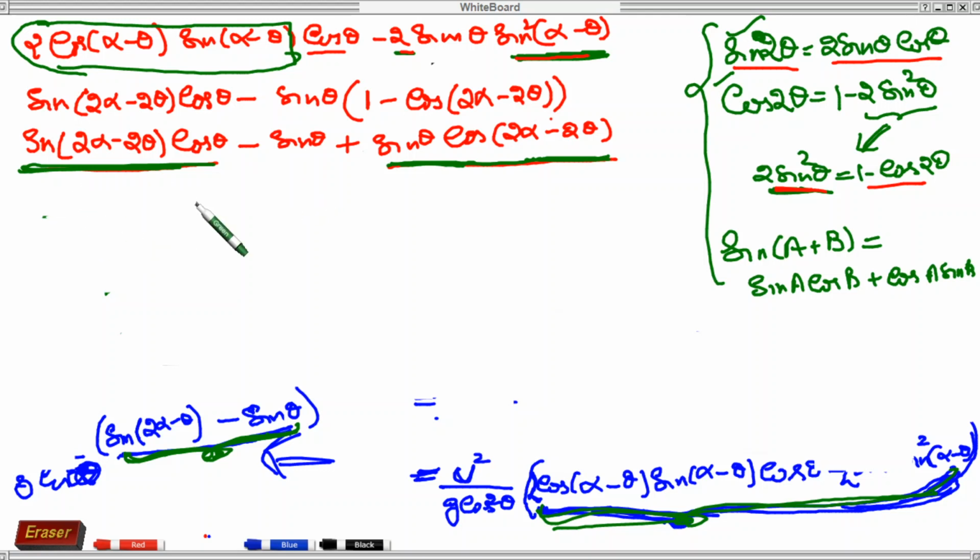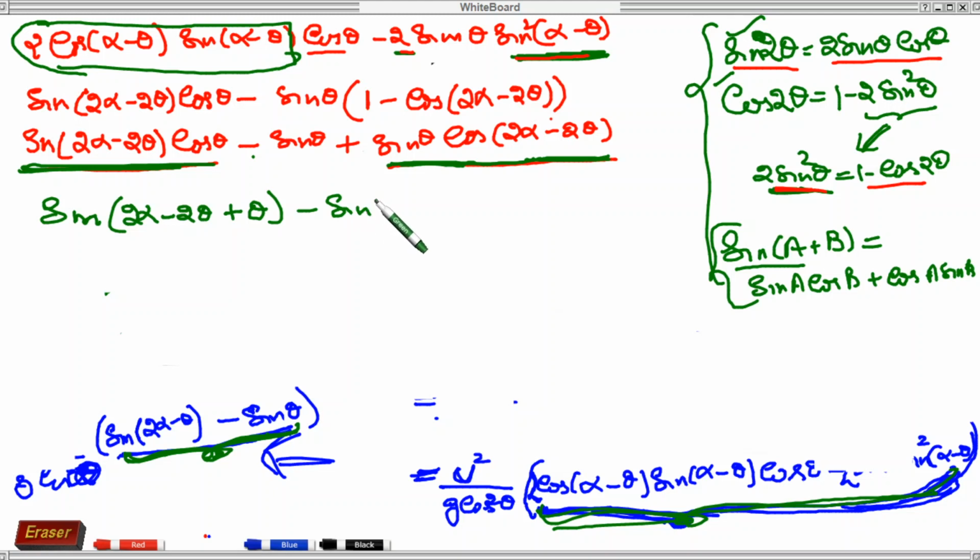When we use this here, it becomes sine of 2 alpha minus 2 theta plus theta, and this will be minus sine theta, because I implemented this formula over here.